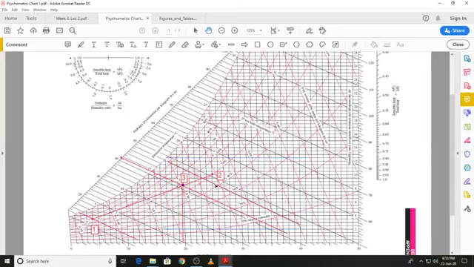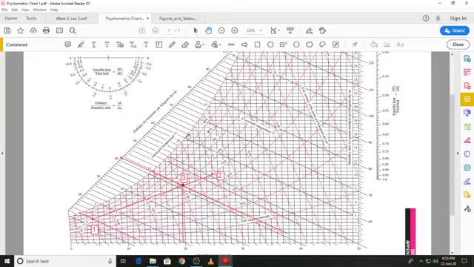And if I take a constant wet bulb temperature line, which is passing through this state point, it is around 14.6, 14.7 degree C. Okay. You can read it off from this scale over here.